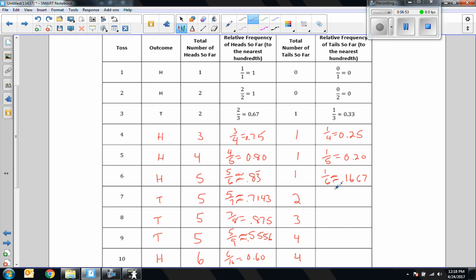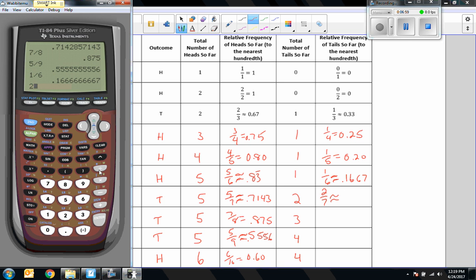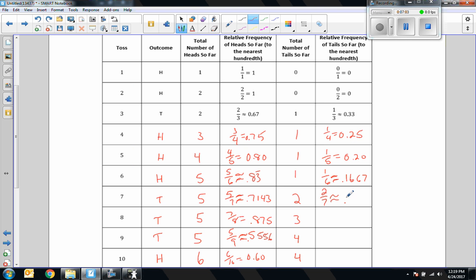Approximately 0.1667. 2 out of 7 is approximately 0.2857. And 3 out of 5 is approximately, not approximately, that's exact. 3 out of 5 is 60%.